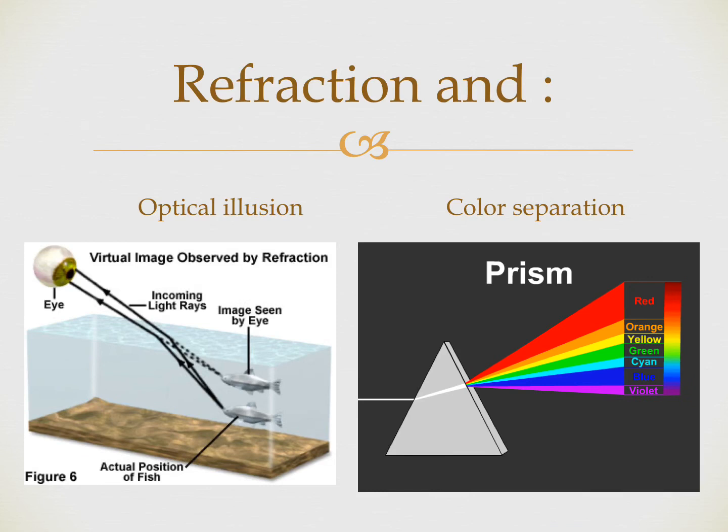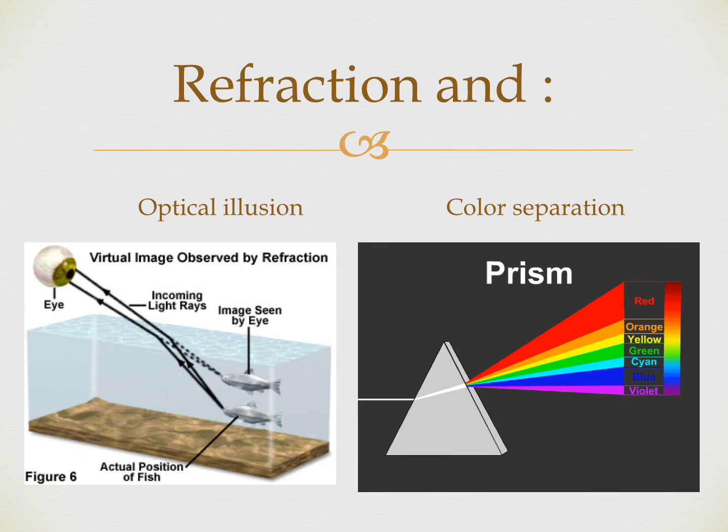What about refraction and color separation? By now you already know that white light is composed of all the wavelengths of visible light. And we have said this before, different wavelengths of visible light are seen by humans as different colors. Let's ask ourselves, what happens when white light is refracted?